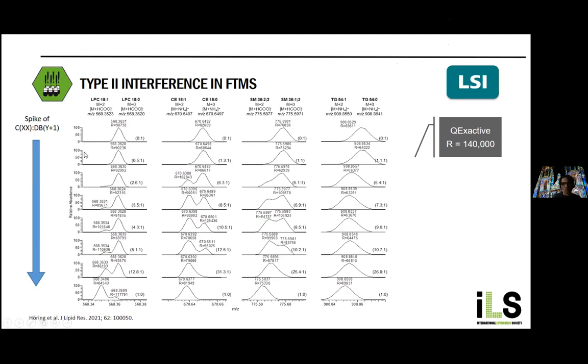With this Orbitrap analysis, you get a decrease of the mass resolution for higher m/z values. And so you see, if we go, for instance, here for the sphingomyelin species, we have not really good separation. It's more or less one peak. And for the TG species, at 900 m/z, we get no separation.